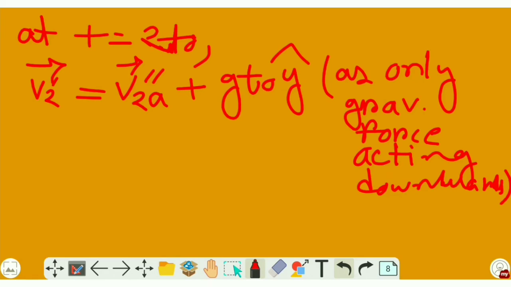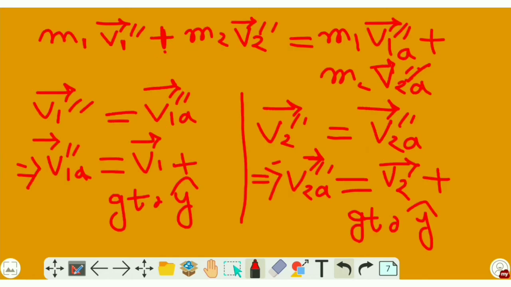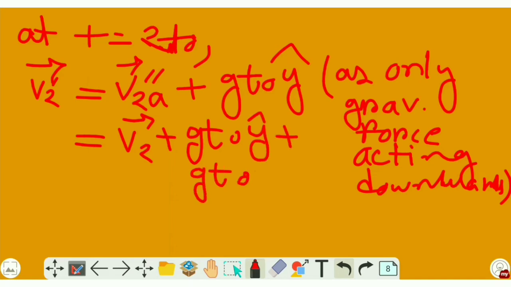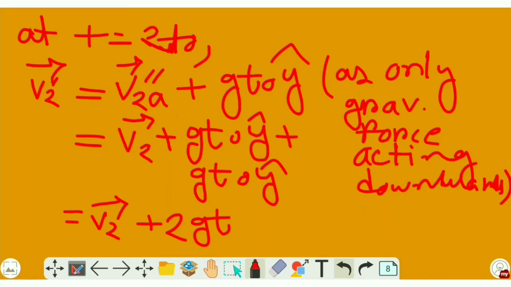So from here, what is the v2 double dashed vector? v2 vector plus g t0 y cap. So v2 vector plus g t0 y cap plus g t0 y cap, that means v2 vector plus 2g t0 y cap.